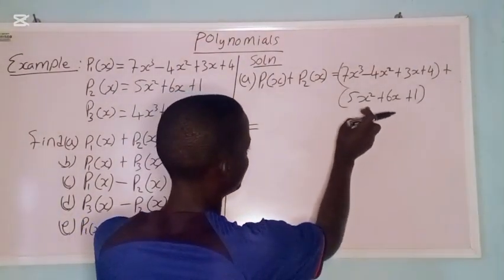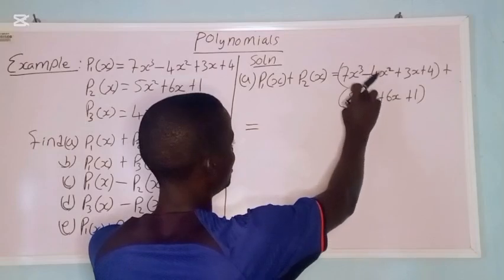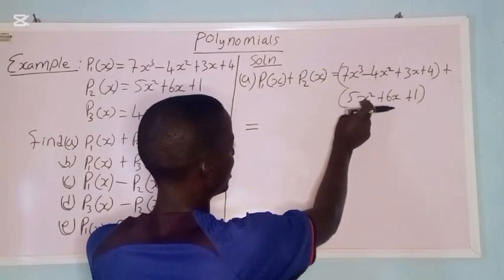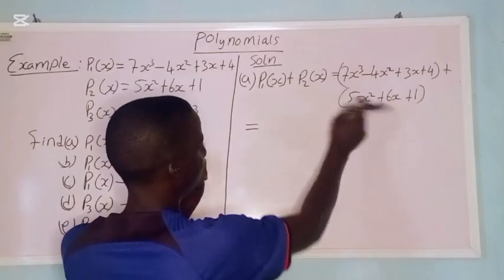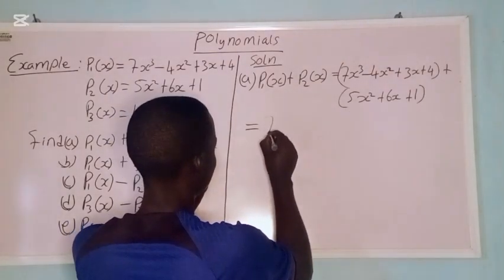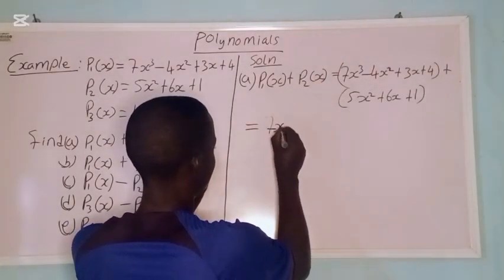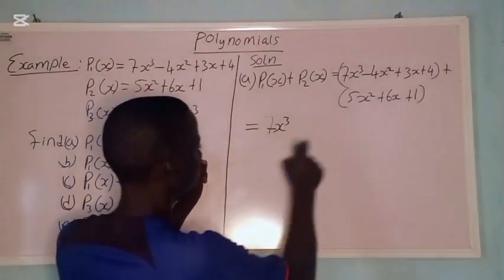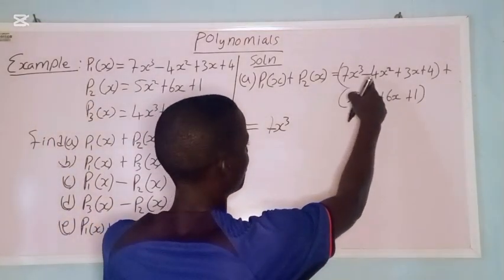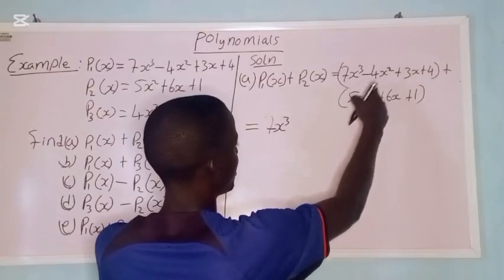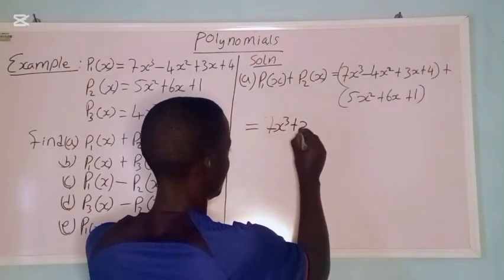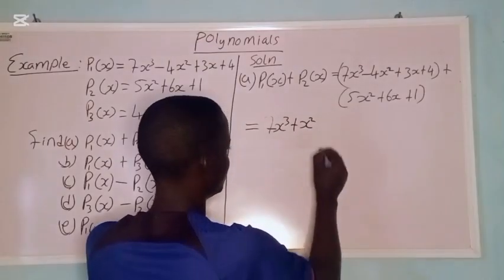So now let's check the ones where the degree, that means the power, is the same. This one does not have any power that is raised to the power of 3. So we'll bring out only the 7x cubed. Then we'll check this one: minus 4x squared plus 5x squared, so we'll now have plus x squared.